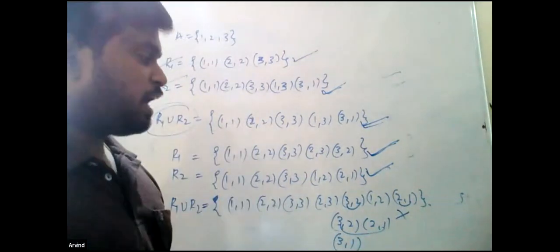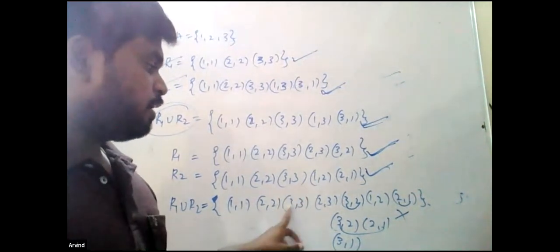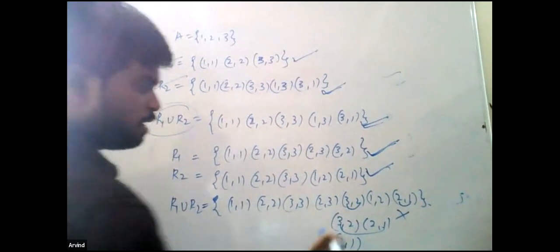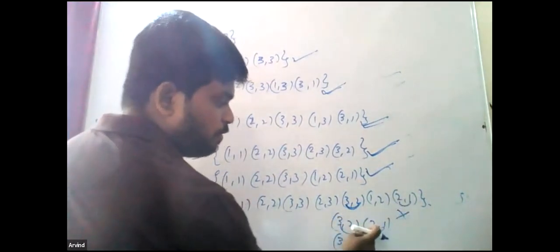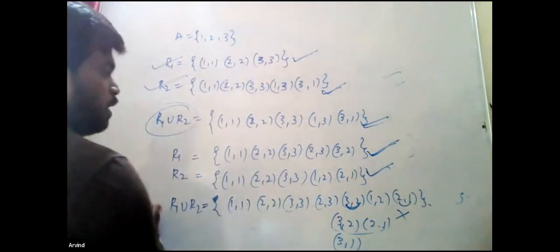It is not an equivalence because the transitive law is not satisfied, while everything else is satisfied. So R1 union R2 satisfies reflexive and symmetric, but not transitive. As you can see, 3,2 is there, 2,1 is there, but 3,1 is not in R. Therefore, it is not an equivalence relation.